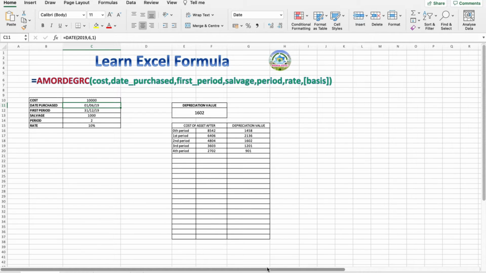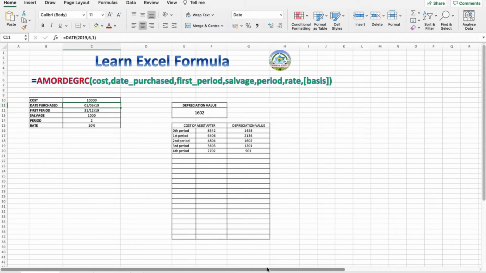So the first period is counted from the purchase date, for which you want to know the depreciation value, how much that product has declined in its value.